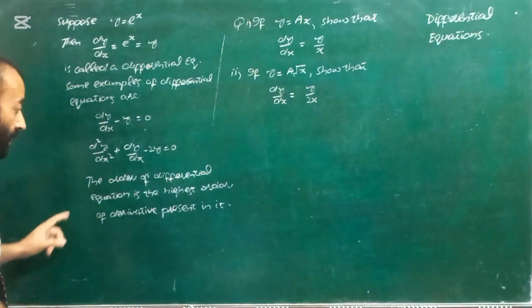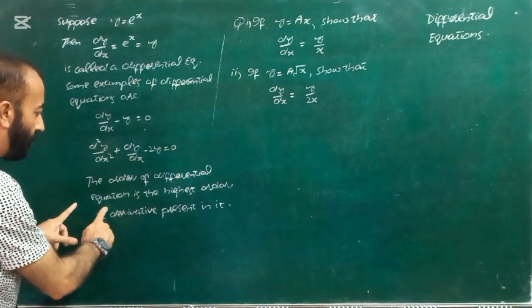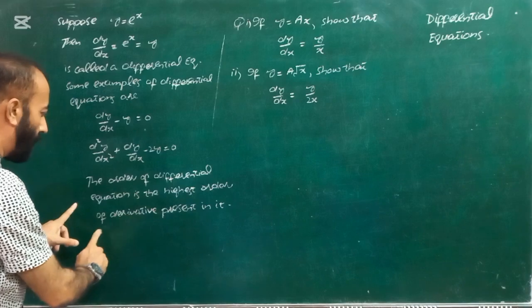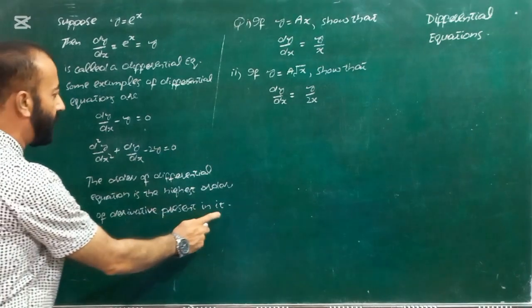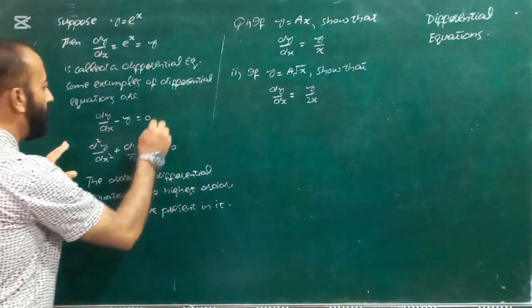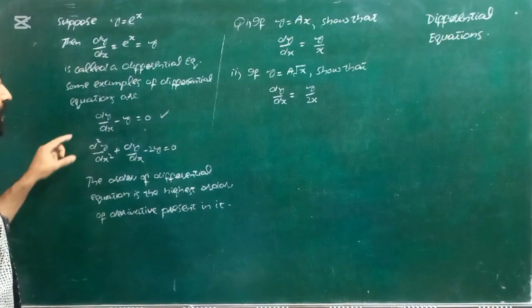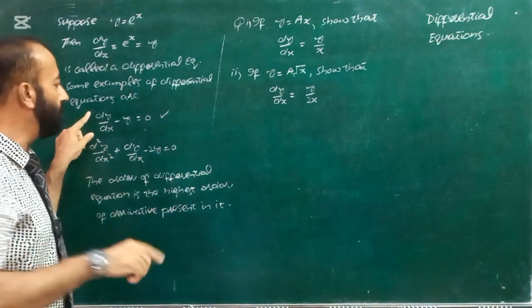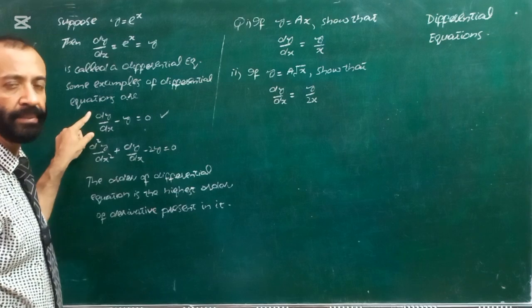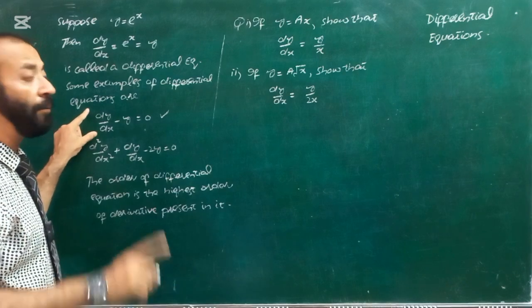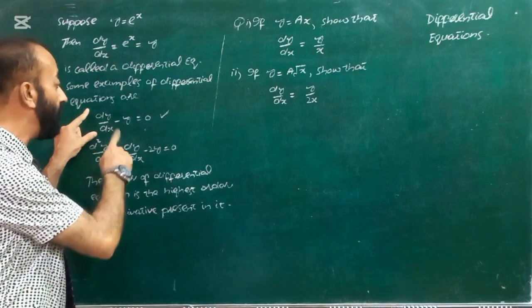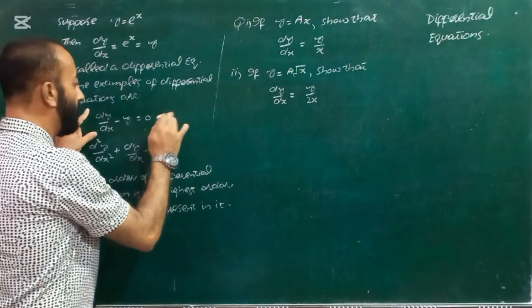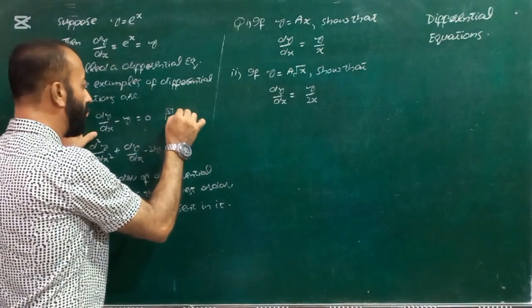Very important point, the order of differential equation is the highest order of derivative present in it. So if you look at this equation, the highest order of the derivative is first order, because this is first differential. So this will be called first order differential equation.